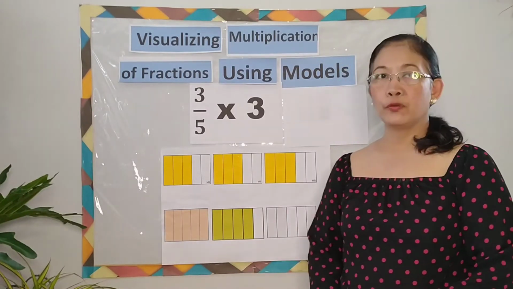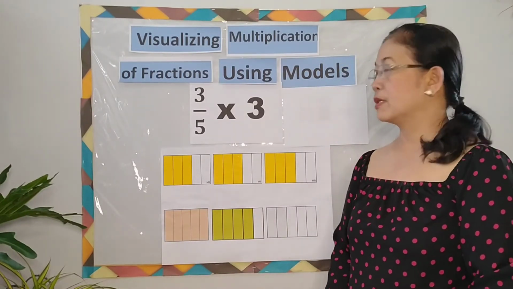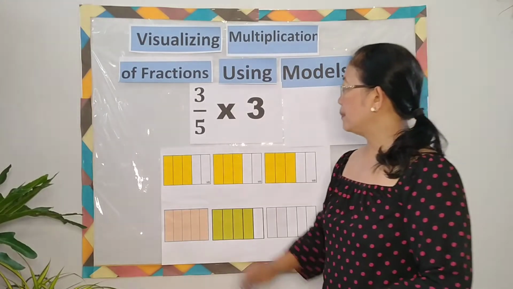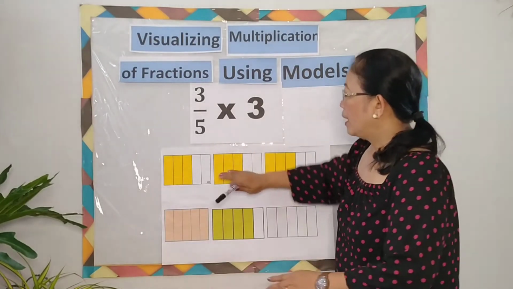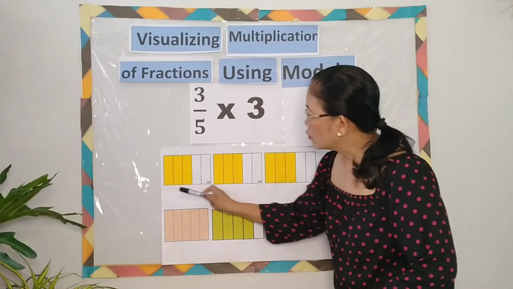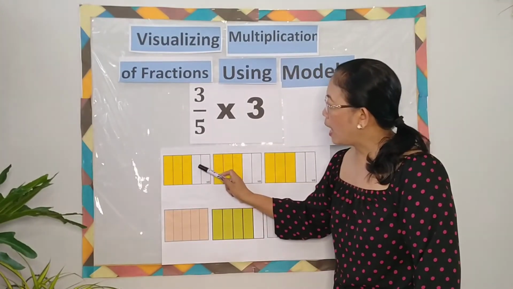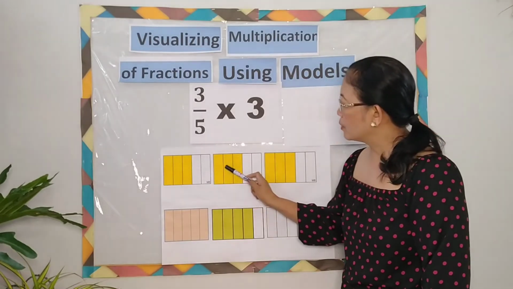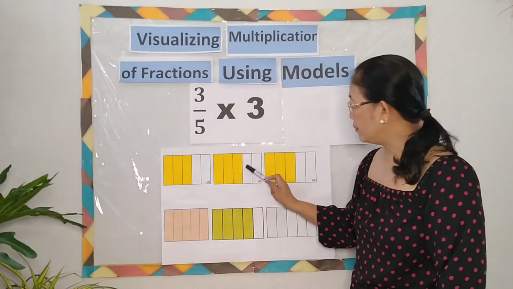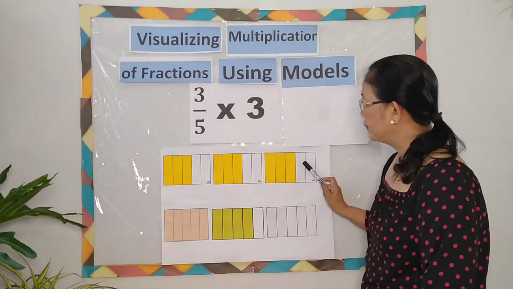Okay, I will show you visualizing multiplication of fractions using models. Example of this is 3/5 times 3. If you can see this one, it shows 3 out of 5. This is also 3 out of 5 and 3 out of 5.